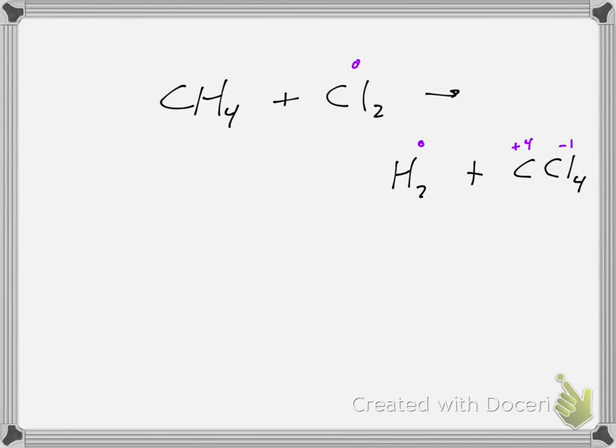And so hydrogen, which is kind of a squirrely guy, right? Sometimes he acts like a metal, sometimes he acts like a non-metal. I can look and I see that he ends up with an oxidation state of 0. Well, then he must have been what? If chlorine goes from 0 to -1, it gained electrons, then hydrogen must have lost electrons.